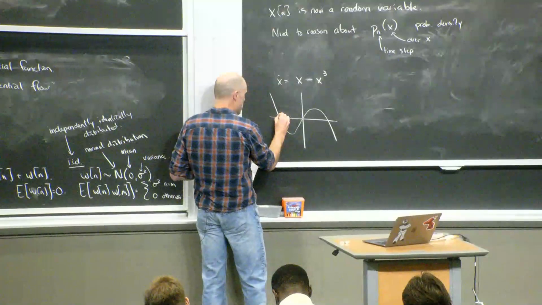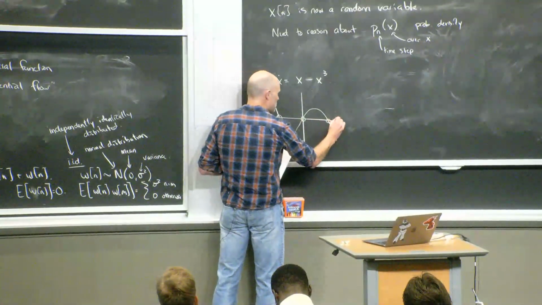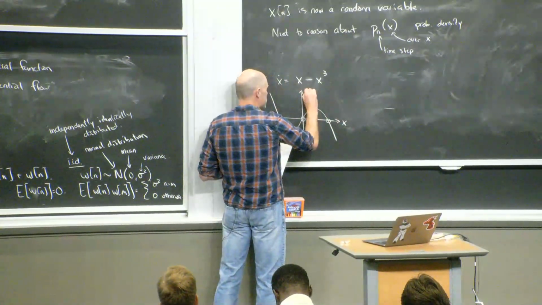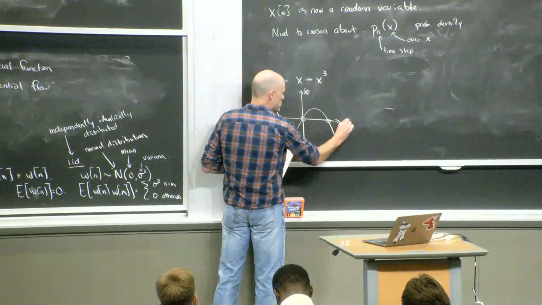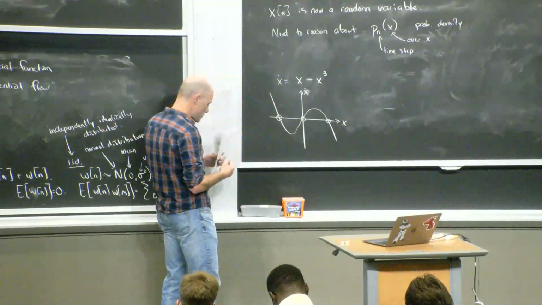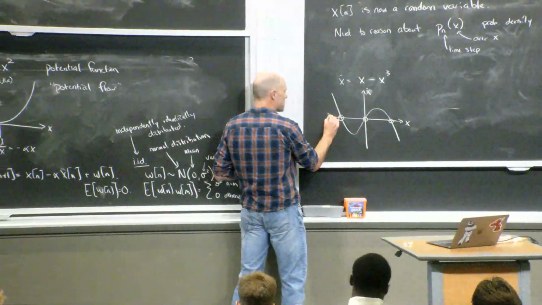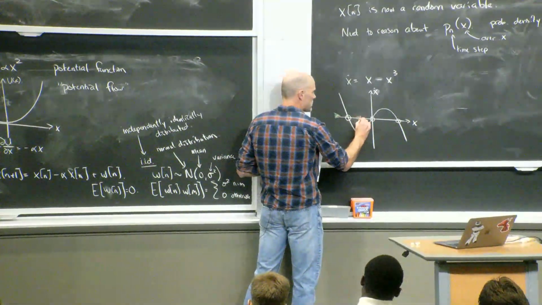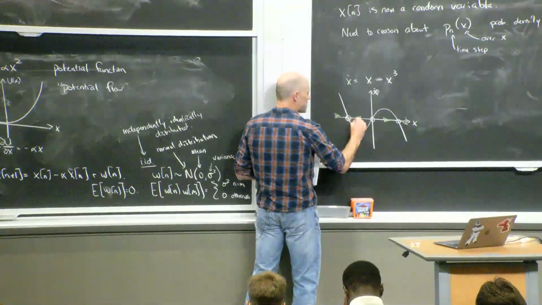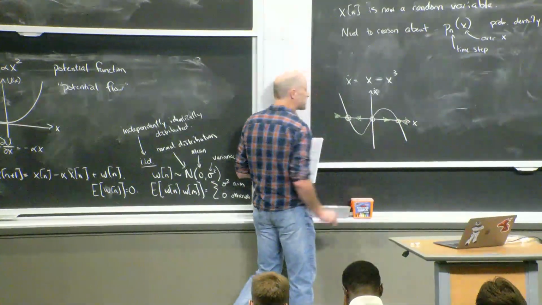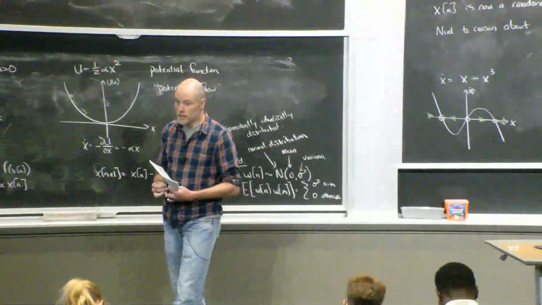This is x versus x dot. Since it's like this, it's got 3 fixed points, and we know that this is a stable fixed point, and this is a stable fixed point.